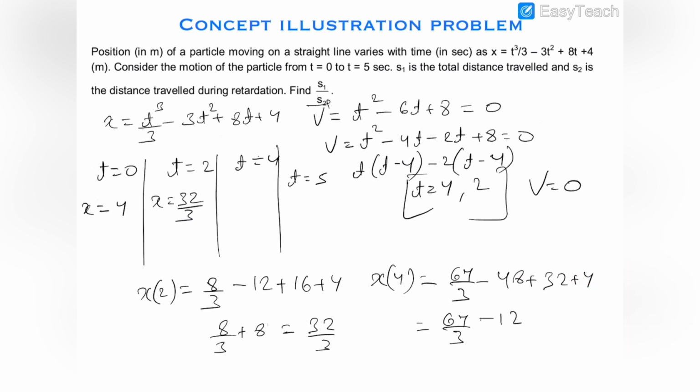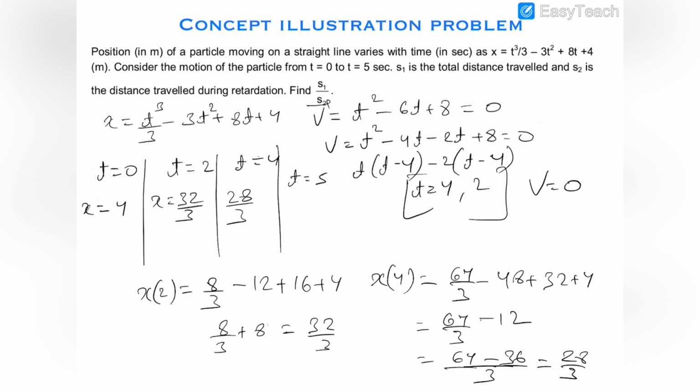So this is minus 12 and 64 by 3 minus, this is minus 36 by 3. So 64 minus 36 by 3 is 28 by 3. So it is 28 by 3.